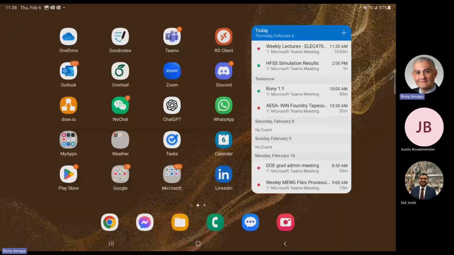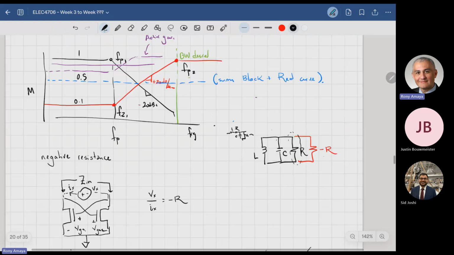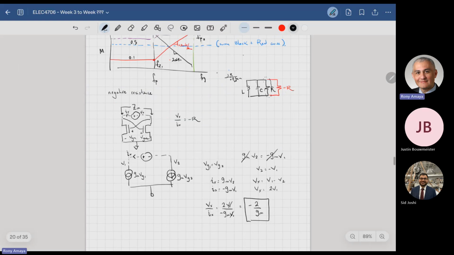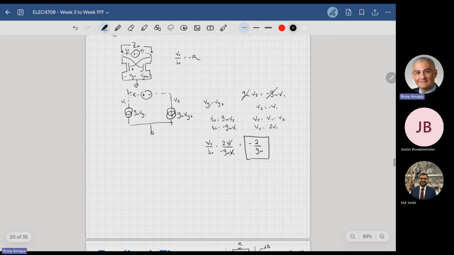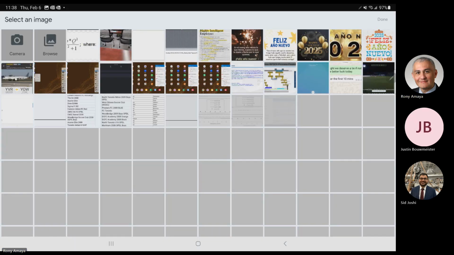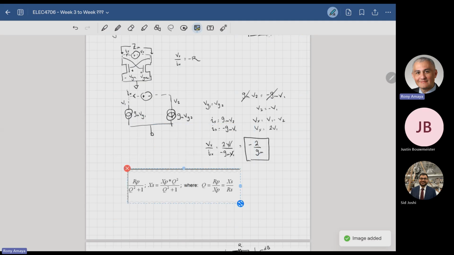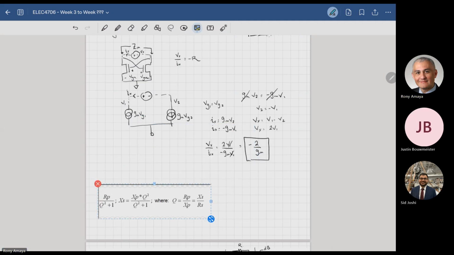Okay, so if I go to my notes, how am I going to do this? Maybe here, and I add, insert an image, and I go here, done. Okay, and insert an image.